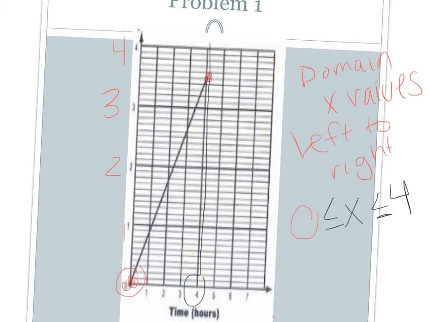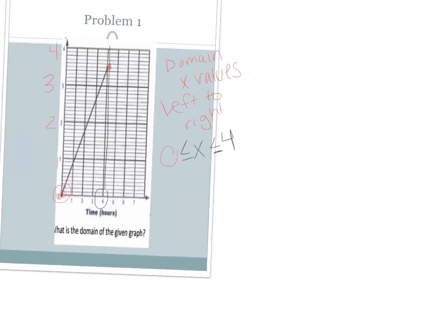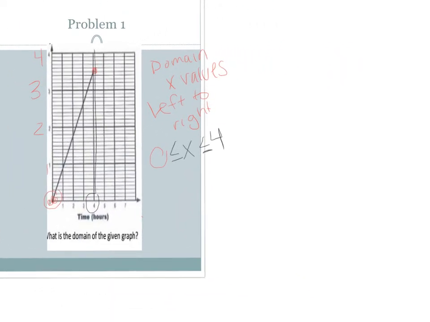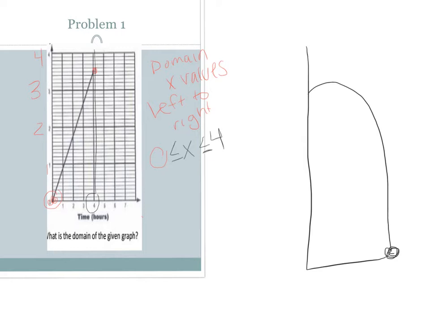Another example of this, so I'm going to move this to the side, which you're also going to draw on your paper, is if it looks like this. Now what a lot of people don't realize is that when you don't have a closed circle, they sometimes just put a line there. That's the same thing.